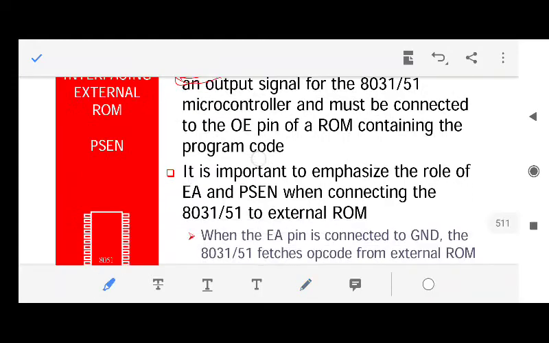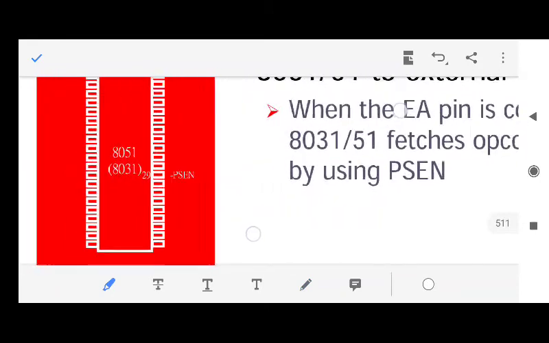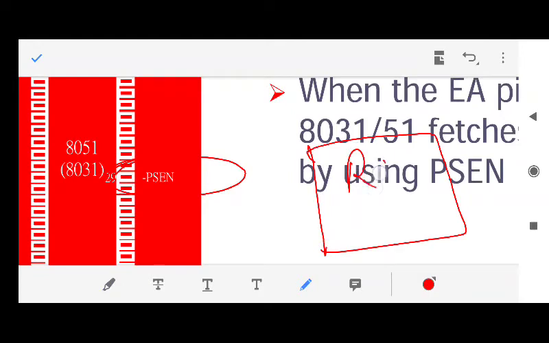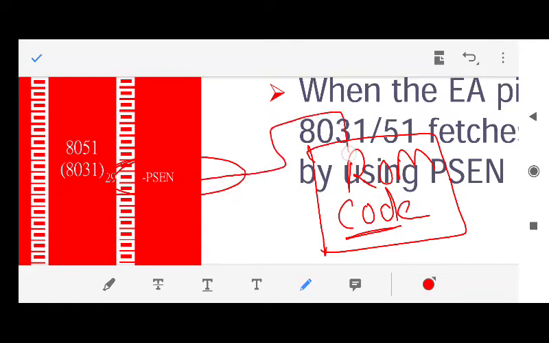Let's see. The program store enable pin is here, pin number 29. Whenever you are connecting the external ROM, which is also known as code ROM, meaning you are storing code in the external ROM, the program store enable pin should be connected to the chip select pin of the external ROM.